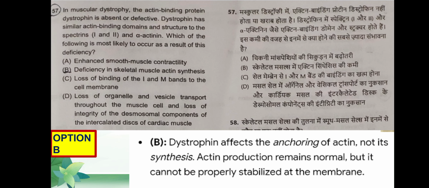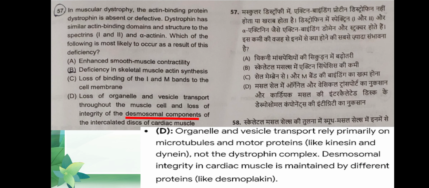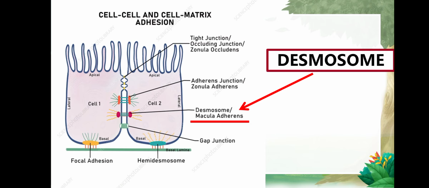And lastly, loss of integrity of the desmosomal component of the intercalated disc of the cardiac muscle. So you know cardiac muscle, and you can just remember what the desmosomal component is. Desmosome is a structure that connects two cells, a cell-cell adhesion molecule, isn't it?